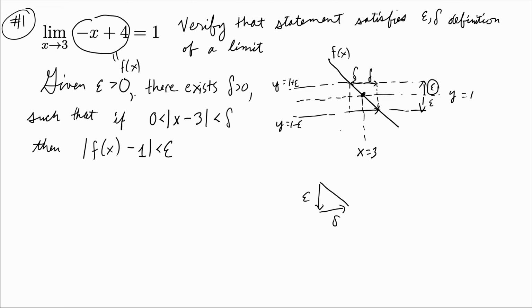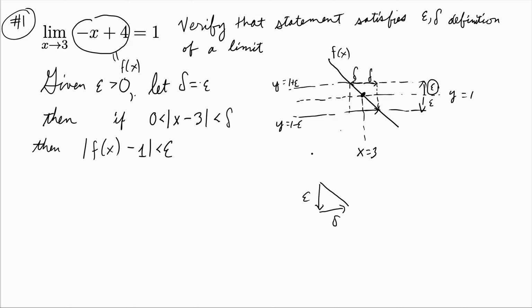So really what we can do in our statement is change the there exists part. Instead it says let delta be equal to epsilon, and then we can come over here and say then, if this is true, then that's true.